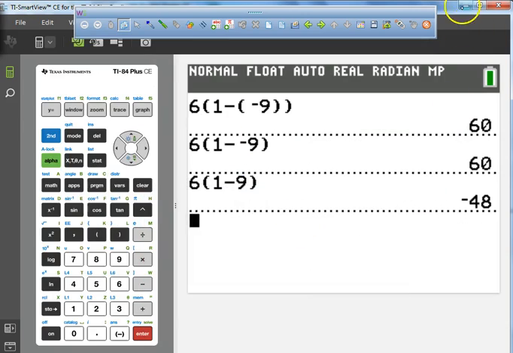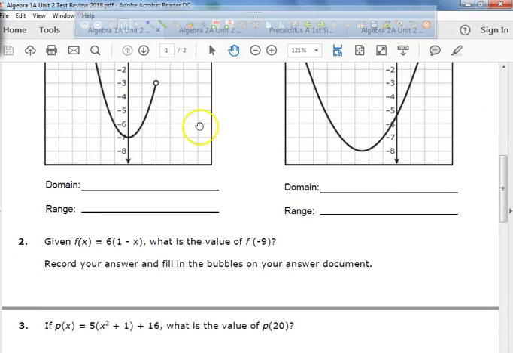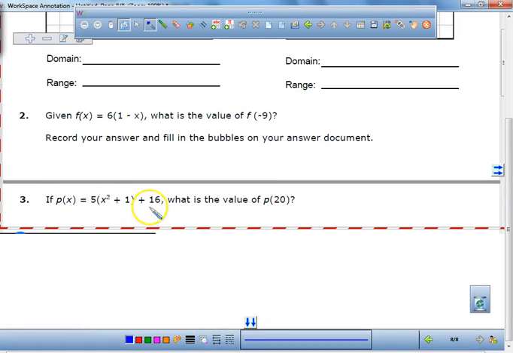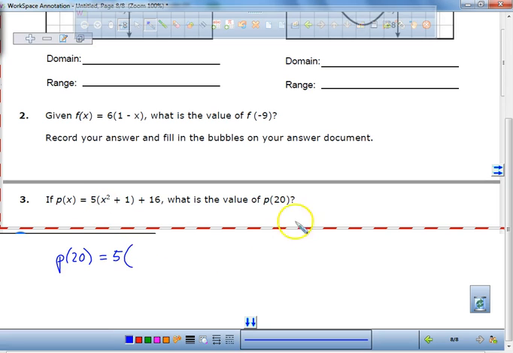All right, how about this? Why don't you guys find the next one? Here we go. Try the next one. What are we going to do? We've got to find what p of 20 is. So what are we going to plug in for this value of x? What's our x value here? 20.